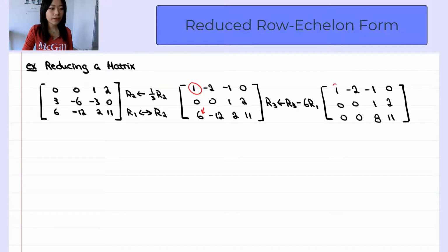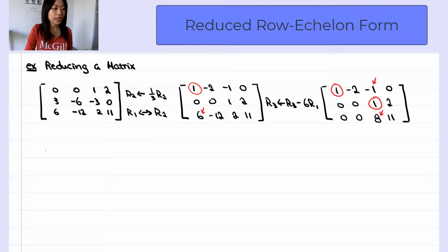Now I have the first leading term in the first column, and all the other entries in the first column are 0. Now let's look for the second leading entry. In the second row, I have a leading entry of 1 in the third column, but I would like to make the other entries in the third column 0. So I want to eliminate the -1 and the 8.